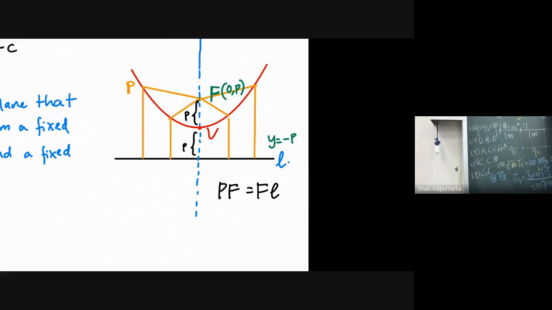So if you imagine you have a line here, this is p, this is minus p.